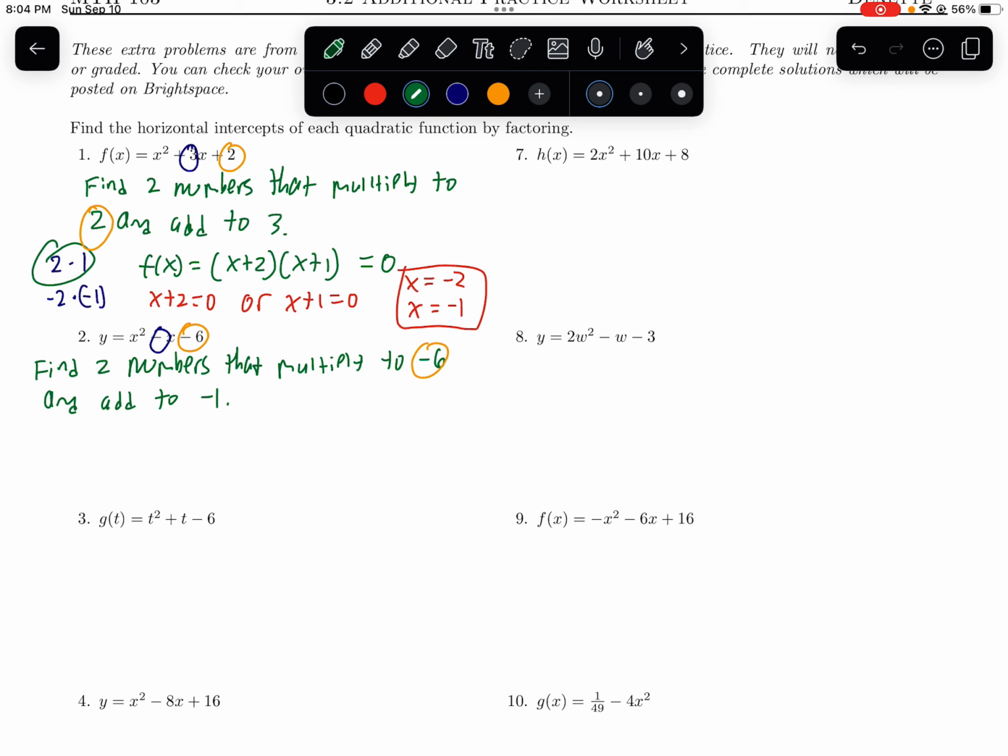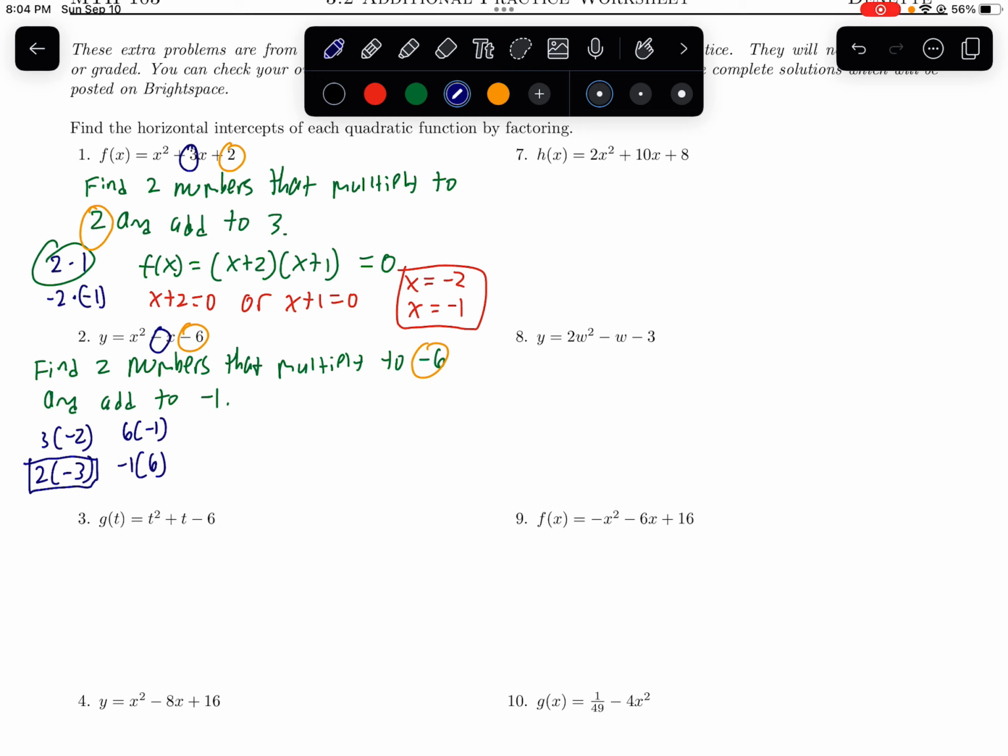And numbers that multiply to be -6, well, one of them has to be positive, one has to be negative. So it can be 3 times -2, or 2 times -3, or 6 times -1, or -1 times 6. Those are the only 4 pairs of numbers that multiply to -6. And then you can see that if we pick 2 and -3, those would add to -1.